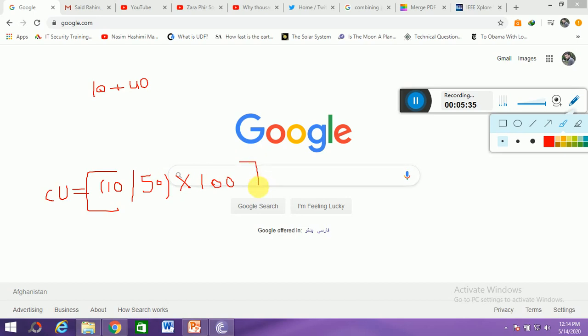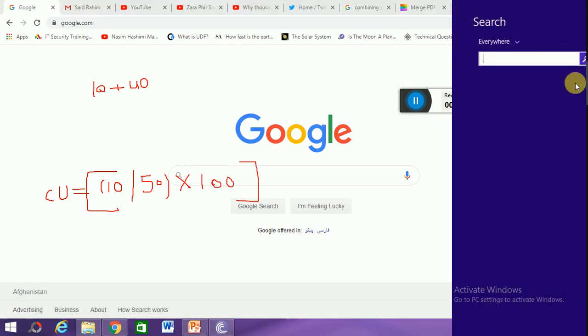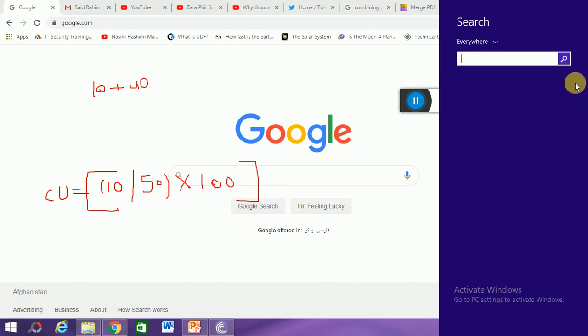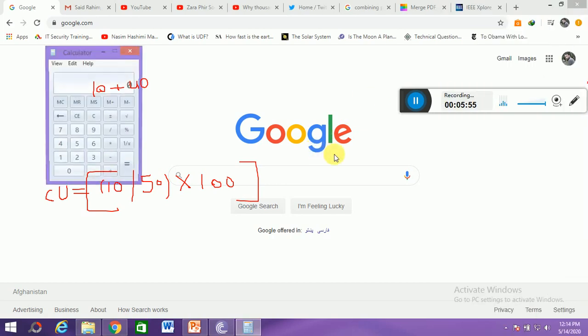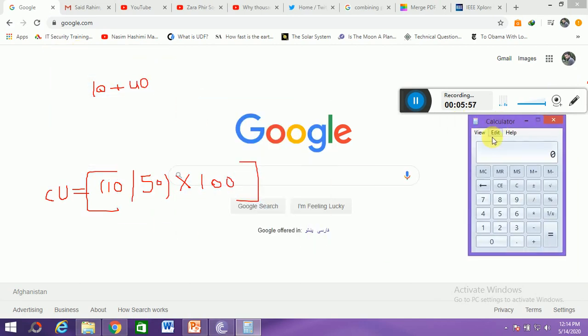Okay, now 10 milliseconds divided by 50, let me get the calculator so that you could understand better. I know that it becomes 0.2, so this is the calculator. 10 milliseconds divided by 50 milliseconds, it comes 0.2.